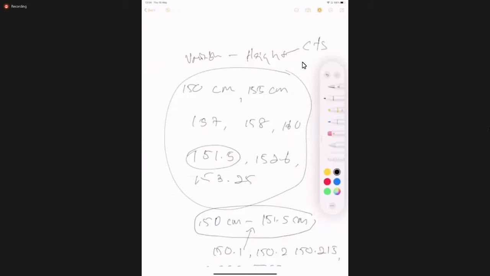If we take weight, is it continuous or discrete? Continuous. Then what do you think about your GPA? The GPA value can be from 0 to 4. Is it continuous or discrete? What do you think?